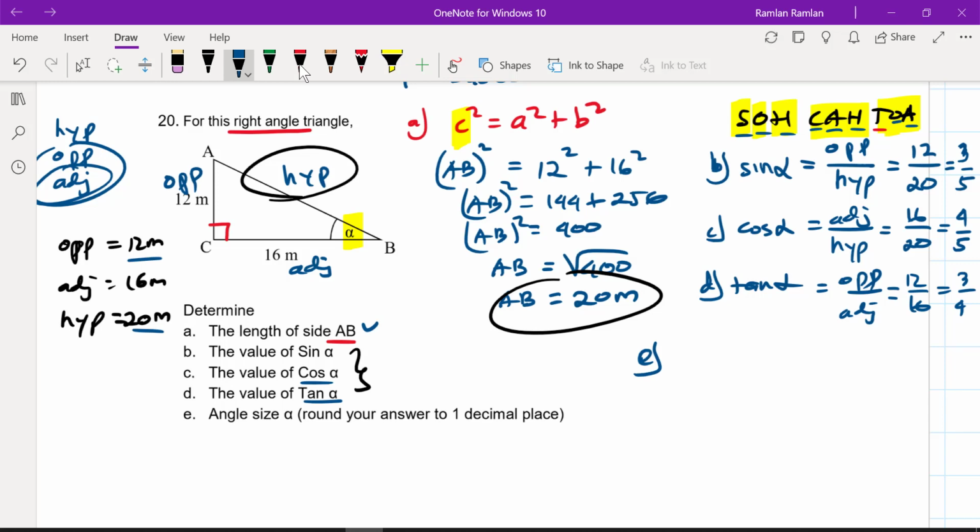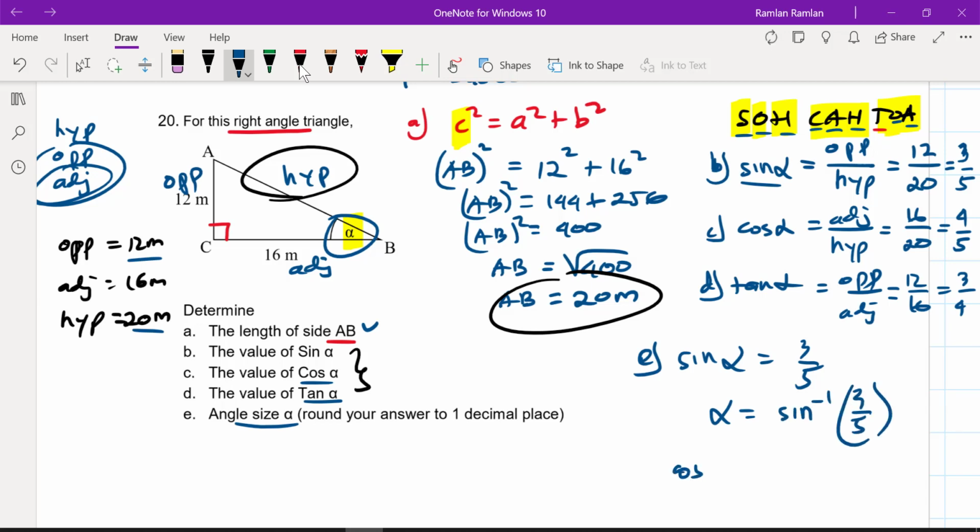Okay, the last one is the angle size of alpha. So for the angle size of this angle, you can actually use one of them. You don't need to use all of them, just use one of them, and you will have the exact same value. For example, if I'm using sine, if I have sine alpha equals 3 over 5, from this calculation, which means that alpha will be equal to the sine inverse of 3 over 5. Okay, you can actually use the same thing if you want to use the cosine, for example, but you need to use 4 over 5, right?